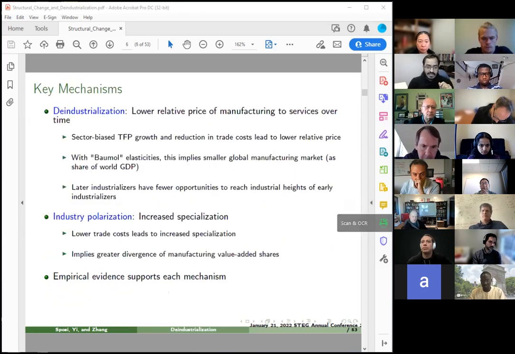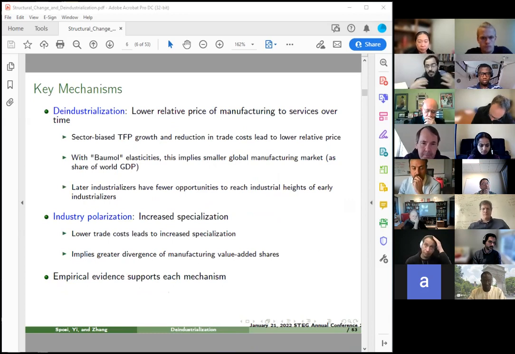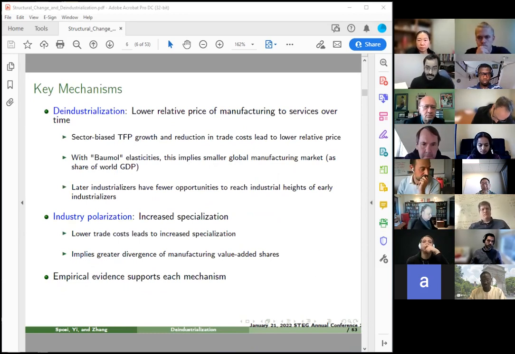So let me mention the intuition now for each of these results. In our model, productivity growth is more pronounced in manufacturing than it is in services. This is a typical observation across many countries. In addition, trade costs have declined significantly faster in manufacturing than in other sectors. These two forces combined deliver a decline in the relative price of manufacturing to services globally.